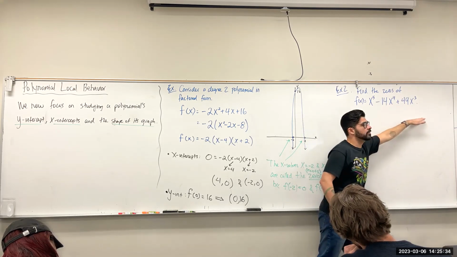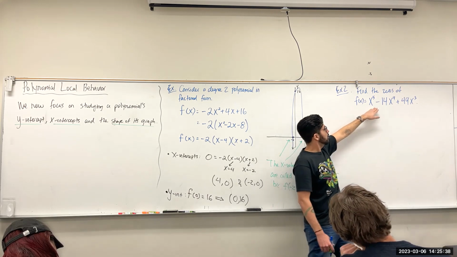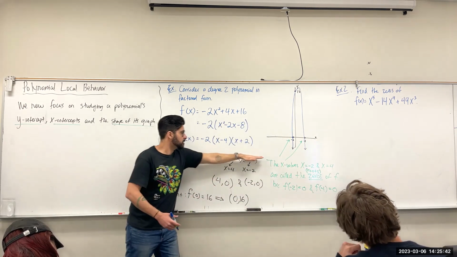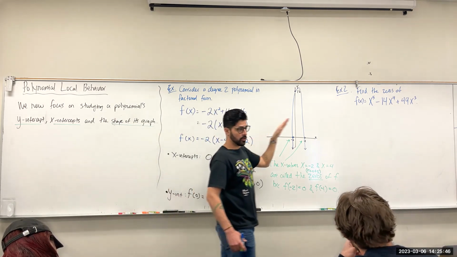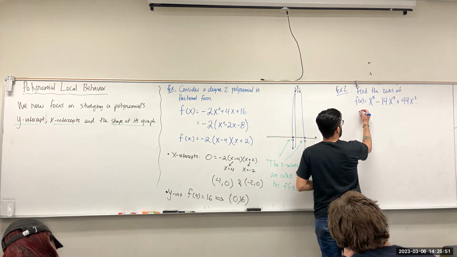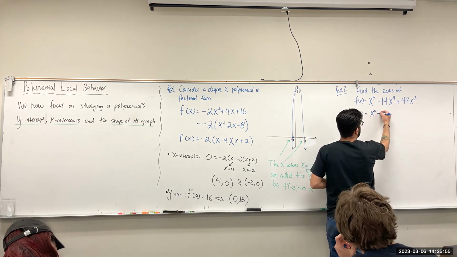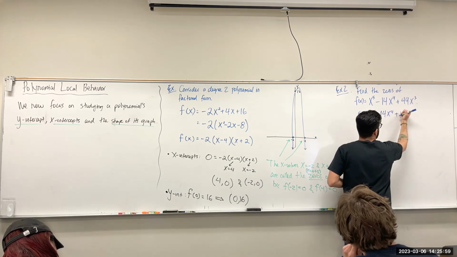What's our first algebraic step I need to do here? Don't you need to factor it out? I basically have to do the x-intercepts. But what's the very first thing I need to write? Turn it into 0. You have to set the function equal to 0. Yeah, that's the very first step. I need to set the equation equal to 0 so that I can start solving.